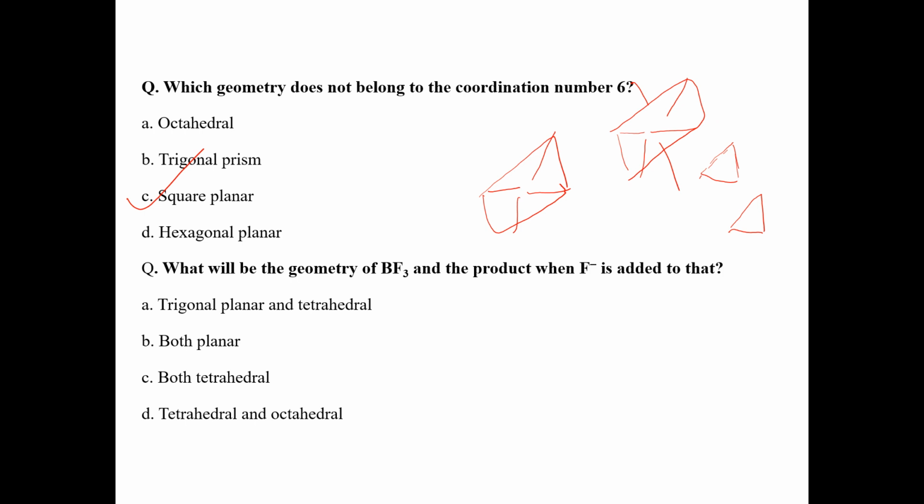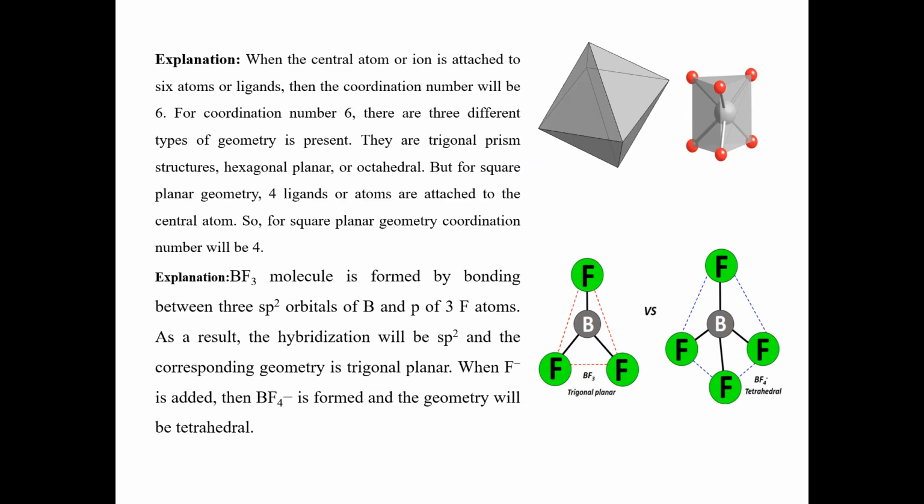And what will be the geometry of BF3, boron trifluoride? It is trigonal planar, but when fluoride is added it becomes a tetrahedral molecule. So here are the explanations. When the central atom or ion is attached to 6 atoms or ligands, then the coordination number will be 6. For coordination number 6 there are 3 different types of geometry: trigonal prismatic, octahedral and hexagonal planar.